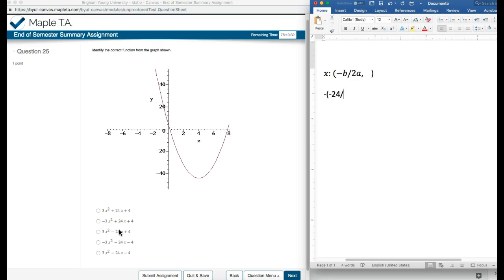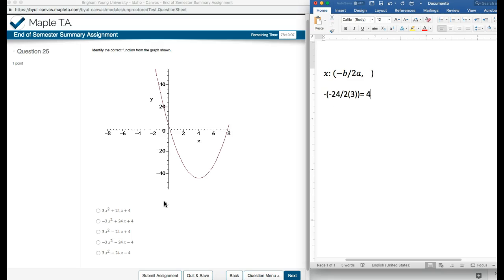And then divide this by 2, and A is that first number, which is 3 here. And this is going to be the x value of the vertex. So negative times negative makes it positive, and 2 times 3 is 6. 24 divided by 6 gives me a positive 4.